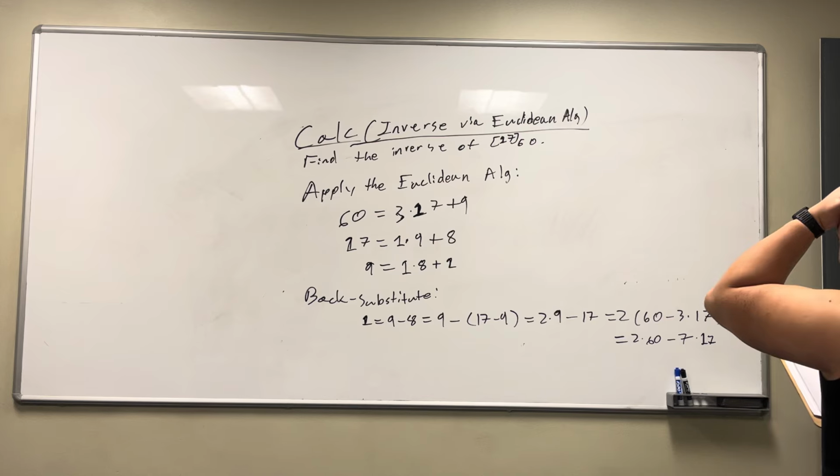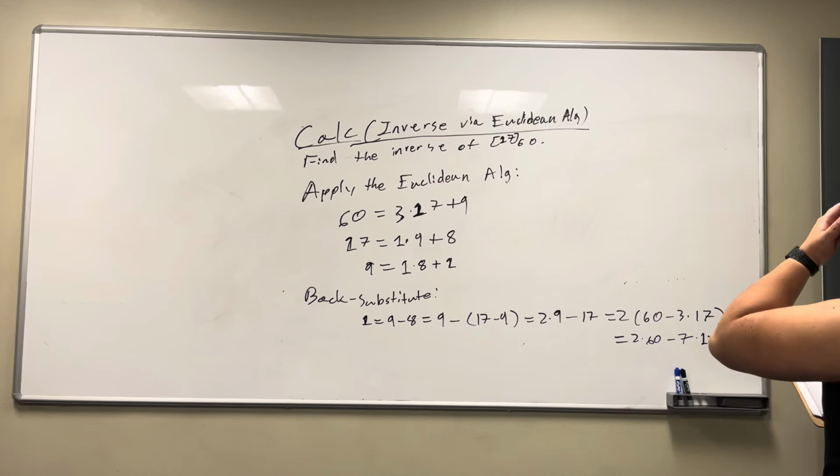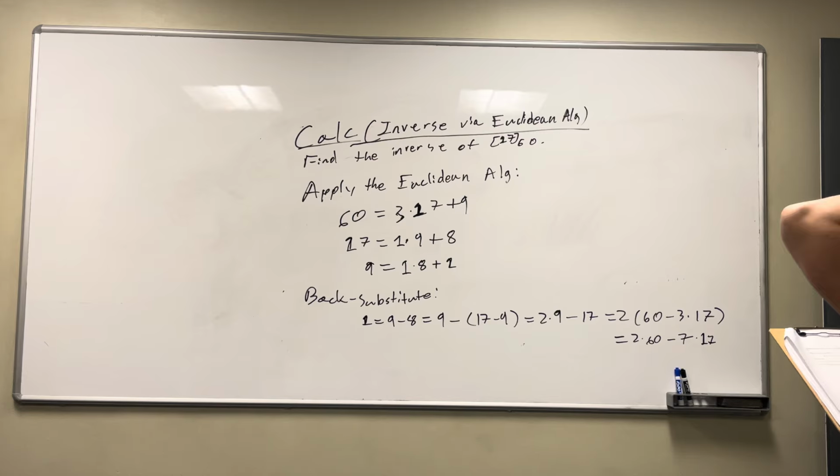What is negative 7? That's 53. Okay, that's why.